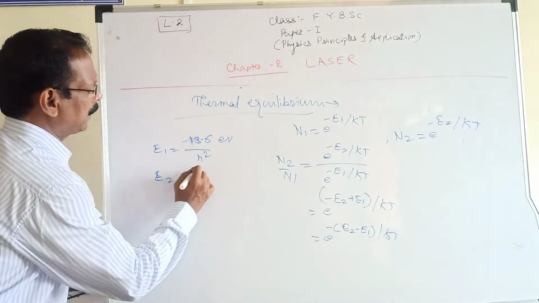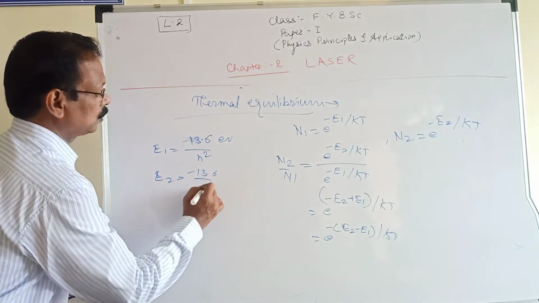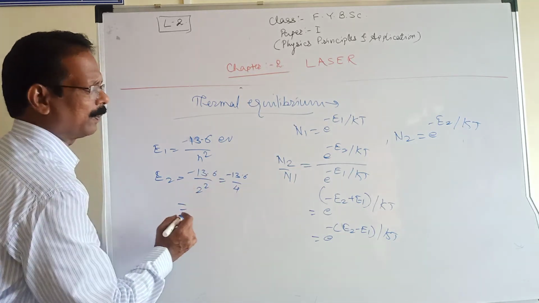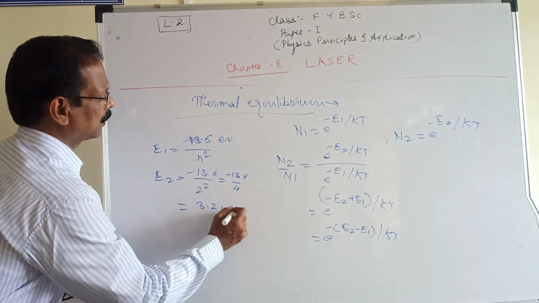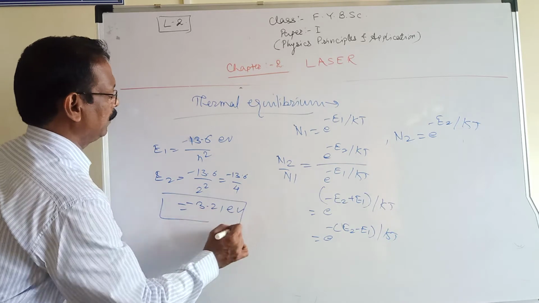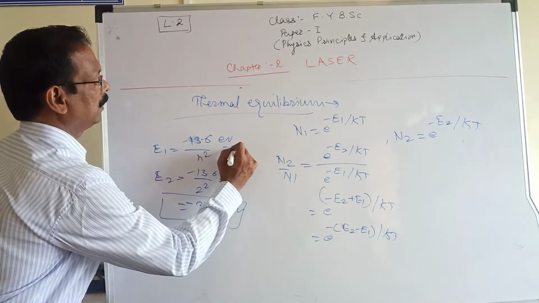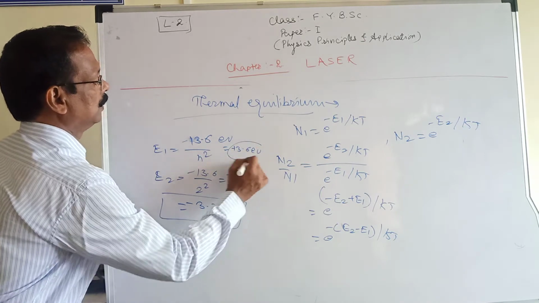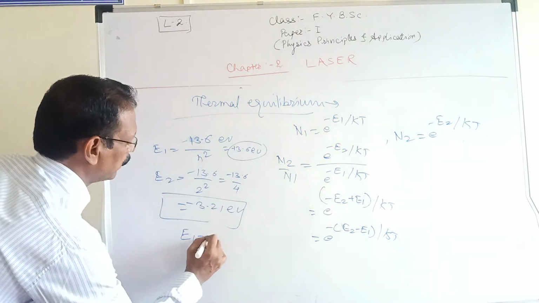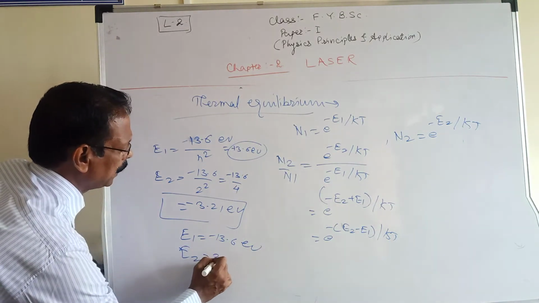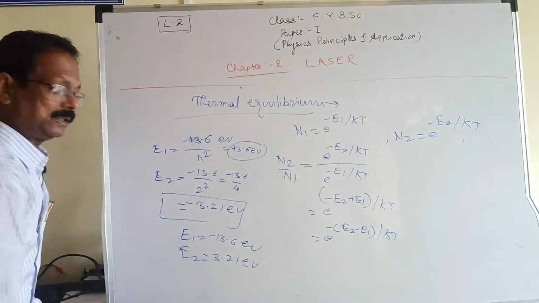E2 is equal to minus 13.6 divided by 2 square, which is minus 13.6 divided by 4, nearly 3.4 electron volt. So E1 is minus 13.6 electron volt, and E2 is nearly minus 3.4 electron volt.